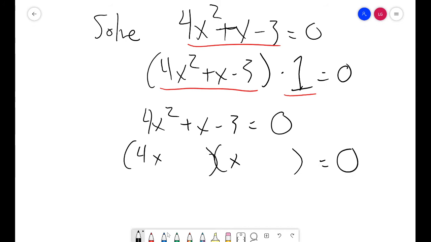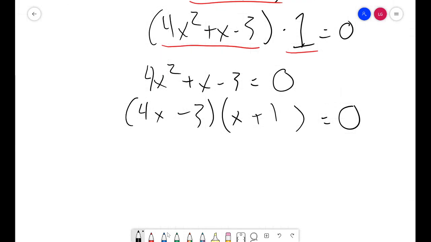Could be 2x and 2x, might be 4x and 1x. I believe it's going to be 4x and 1x. Let's make sure. That looks good to me as a factoring. So x equals 3/4, or x equals -1.